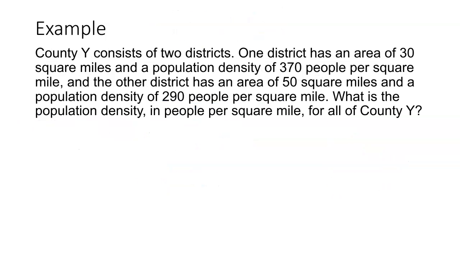Okay, so now we're looking at 2 districts. One has an area of 30 square miles and a population density of 370 people per square mile.